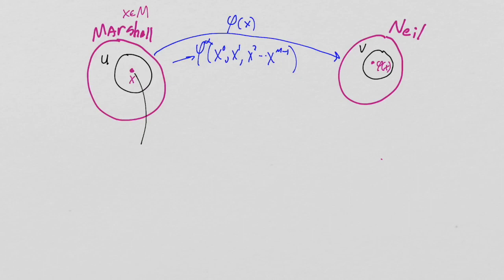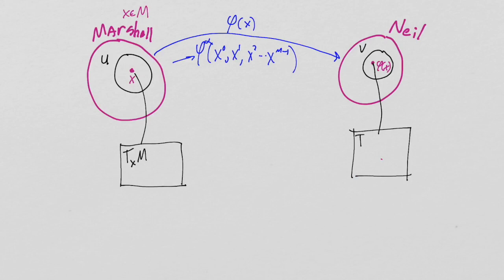So the point x will have a tangent space at x in Marshall. And Neal, because it's a manifold, will have a tangent space at the image of x. It's called the tangent space at the image of x in Neal.